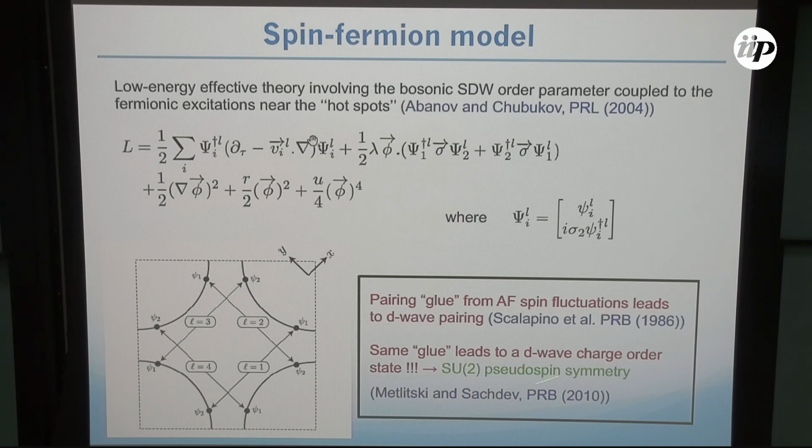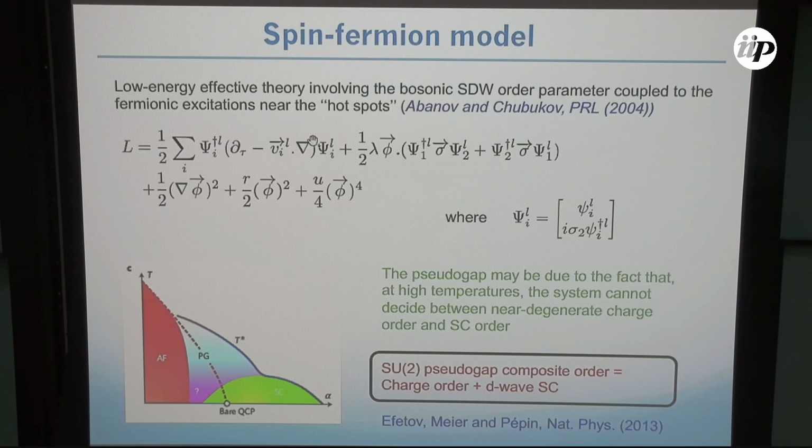And this is related to the so-called SU2 pseudospin symmetry, which was originally obtained by Metlitski and Sachdev in 2010. Later on, there was this very important proposal by Catherine and Efetov in 2013 that the pseudogap may be due to the fact that at high temperatures the system cannot decide between the charge order phase and superconducting order.